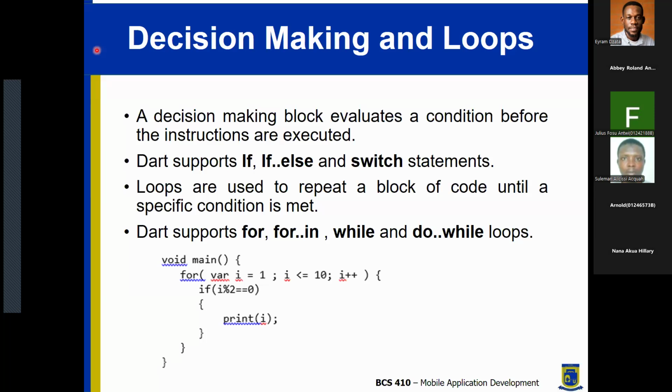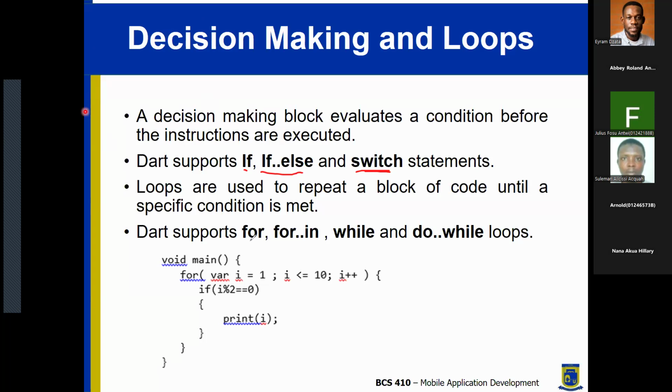Decision making basically has to do with conditional statements, or what we call branching statements. That uses the if, the if else statements, and also the switch case. It supports the use of these statements.